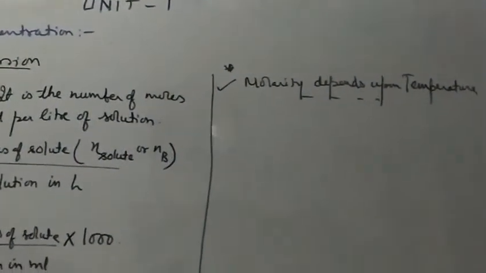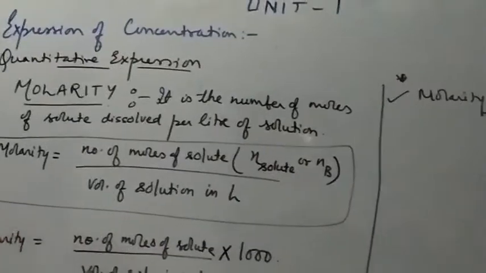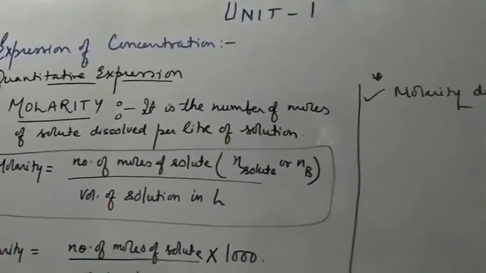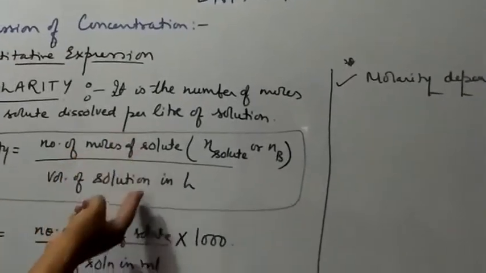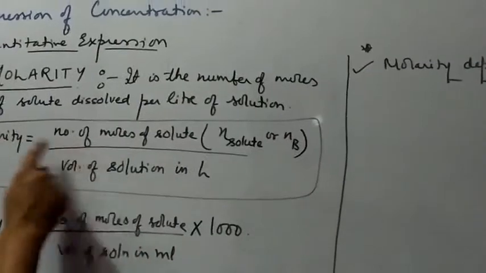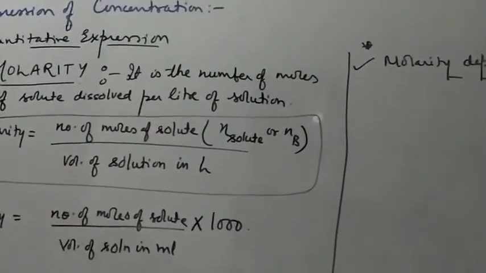You can get your answer from the formula itself. In the formula we have three terms: molarity, number of moles and the volume of solution. Now which is temperature dependent? Yes, it is the volume of solution.